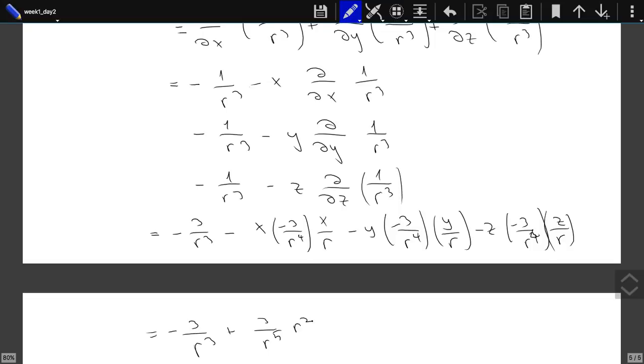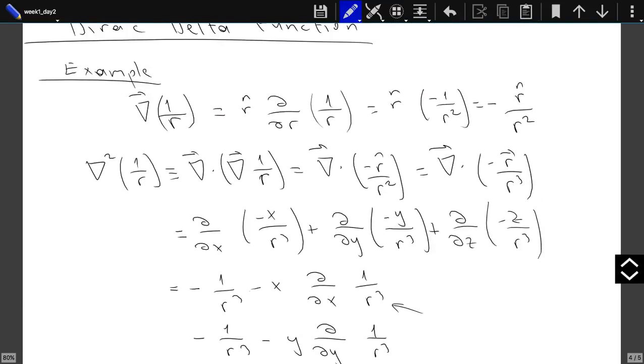Where did these second terms come from? These ones. Well, I'm taking the derivative of this expression with respect to x. I'm considering this as minus x times 1 over r cubed.